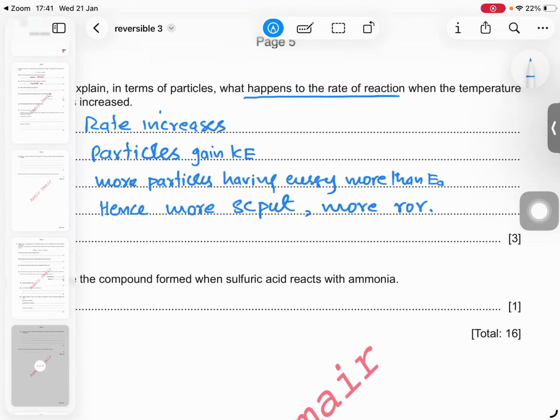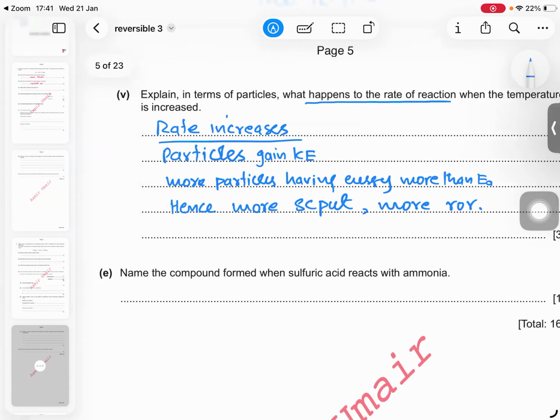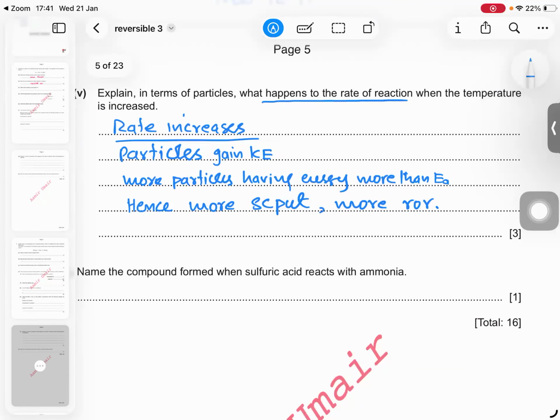We did write ROR at the start, but here it just goes in the flow. So you cannot miss any one of the points mentioned above if you want all 3 marks. So the rate increases, particles gain kinetic energy, more particles have energy more than activation energy, more successful collisions and more rate of reaction. Yeah, you can just skip this.